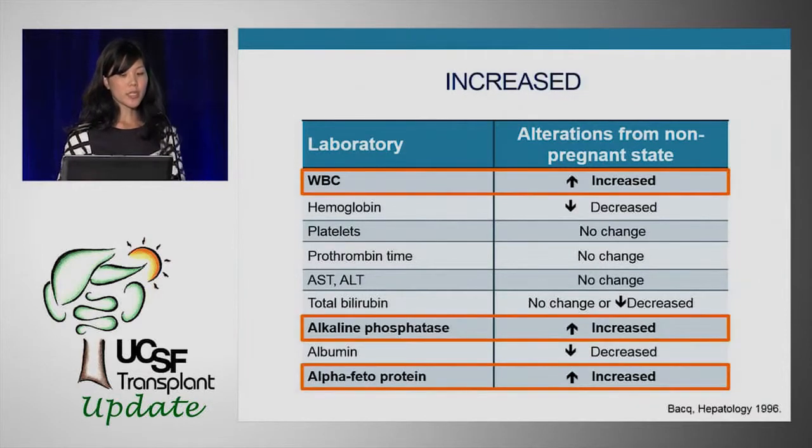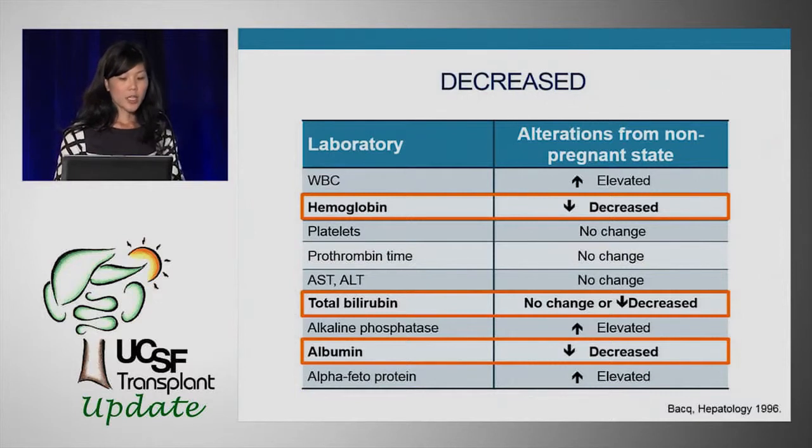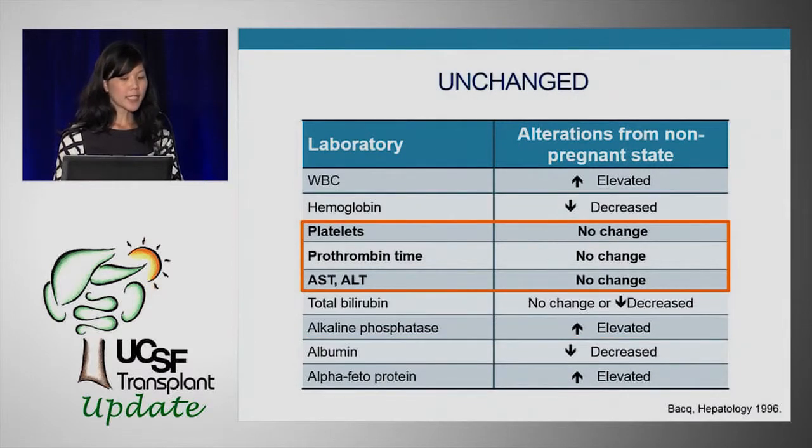And you'll note that there are a couple of laboratory tests that are routinely elevated in an expected fashion: white blood cell count, alkaline phosphatase, and the alpha-fetoprotein. Hemoglobin, total bilirubin, and albumin are routinely decreased. And the platelets, prothrombin time, AST, and ALT remain normal during pregnancy.